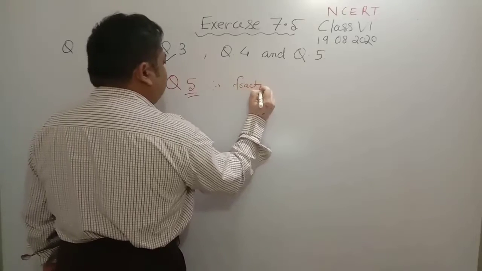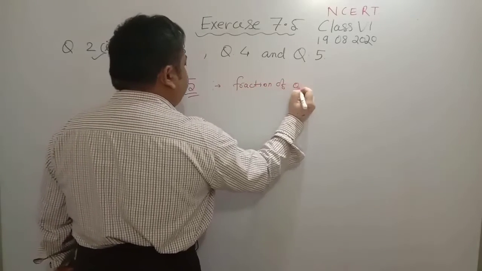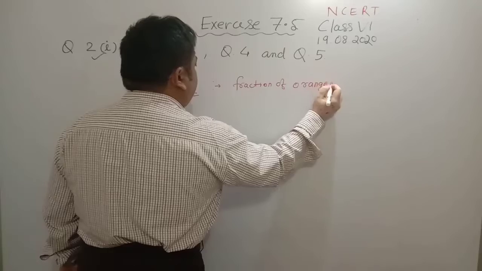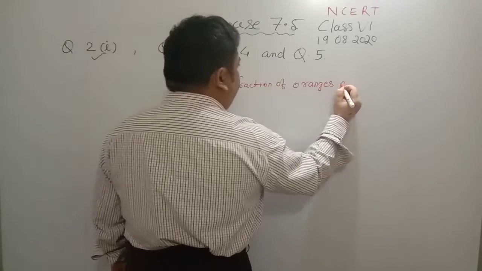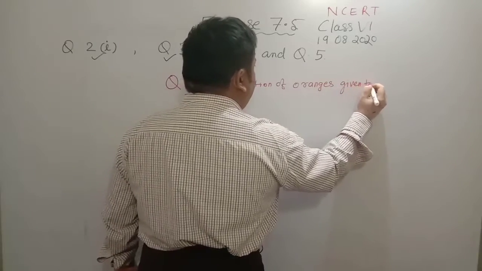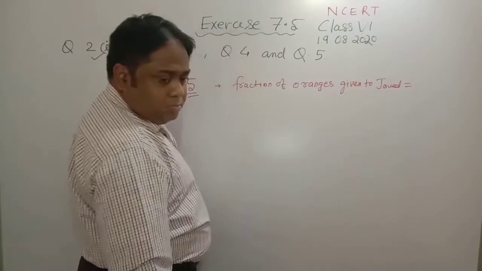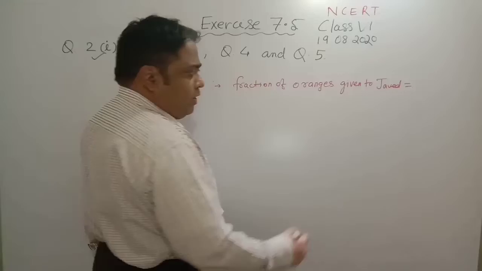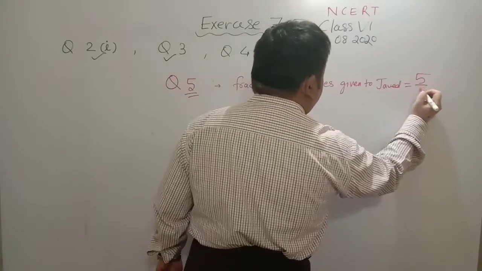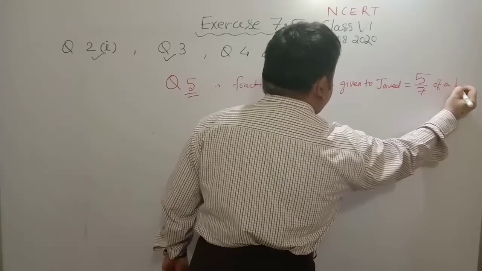Fraction of oranges given to Javed is equal to 5/7 of a basket.